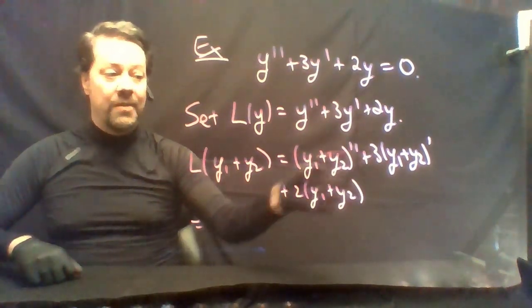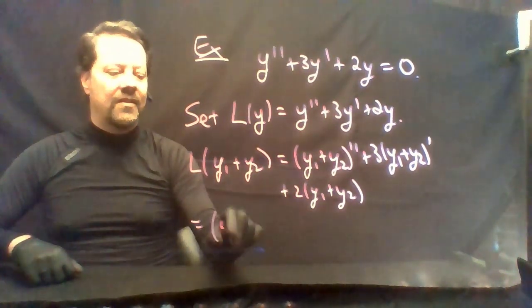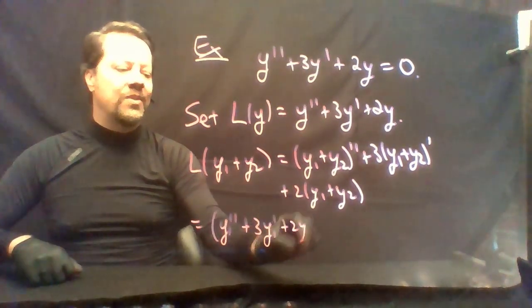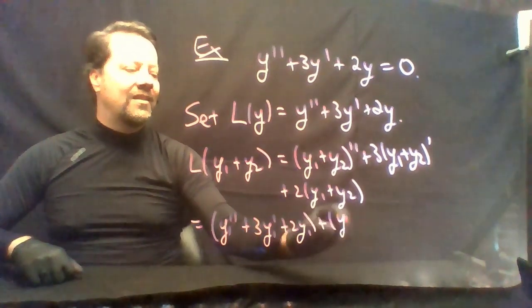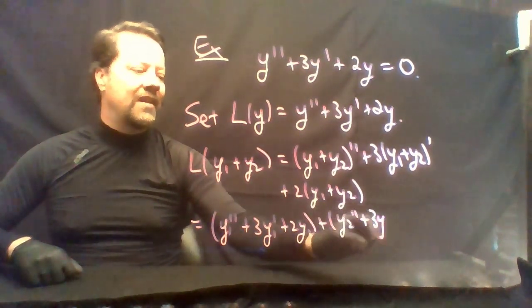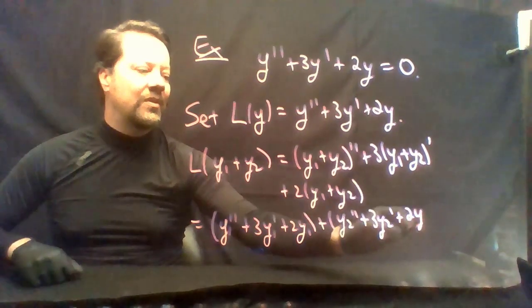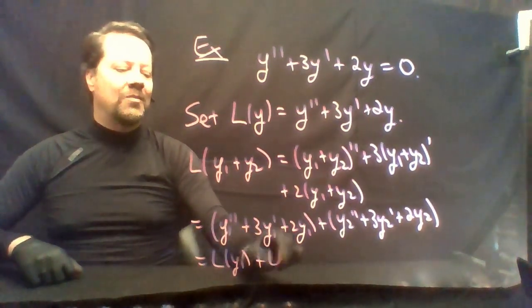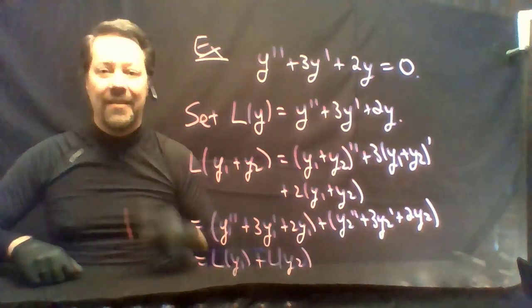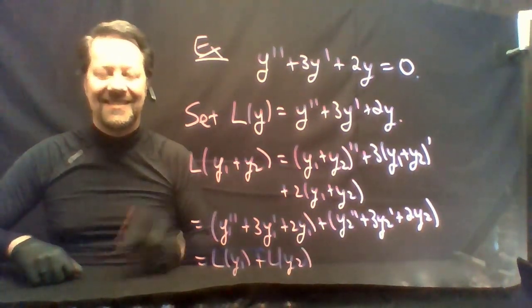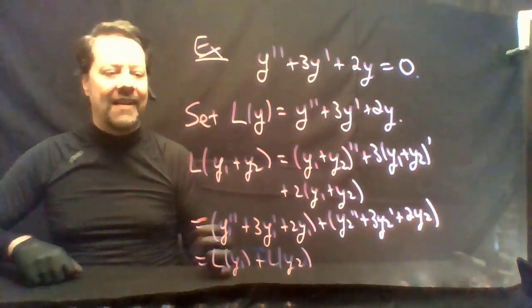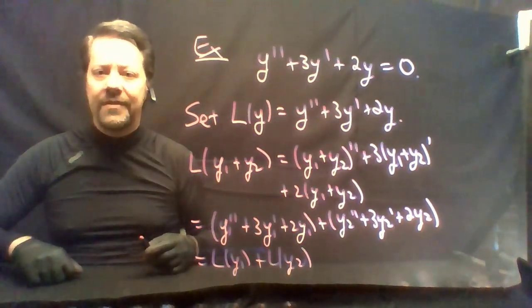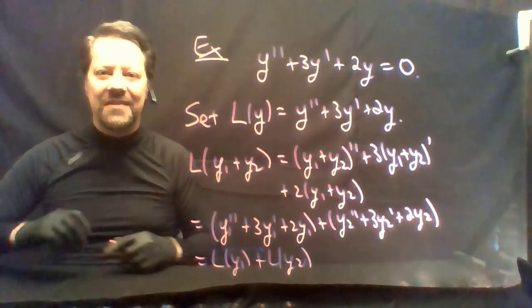We can distribute the derivatives, giving us y1 double prime plus 3y1 prime plus 2y1, plus y2 double prime plus 3y2 prime plus 2y2, and that's L of y1 plus L of y2, the first property of linearity. We need merely check the second property of linearity to prove that L, defined by this combination of derivatives, is a linear transformation.